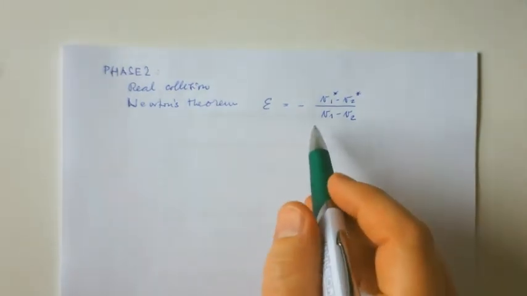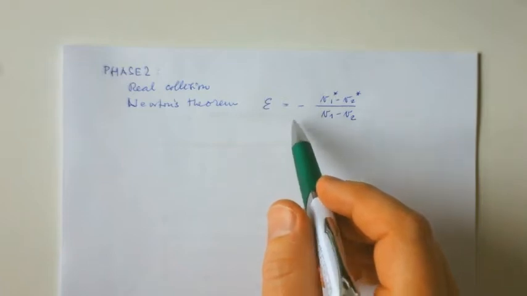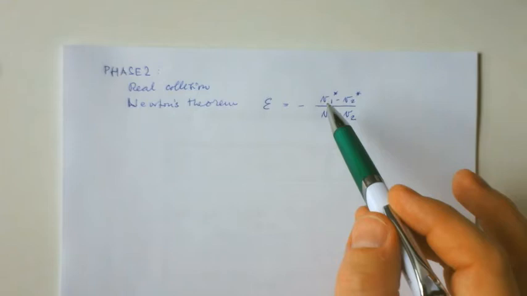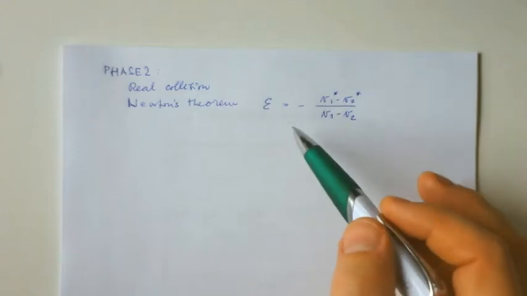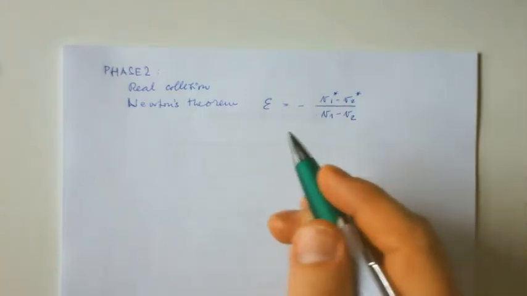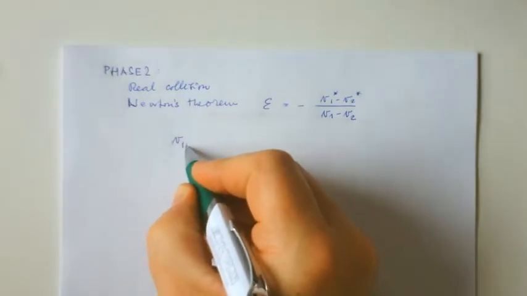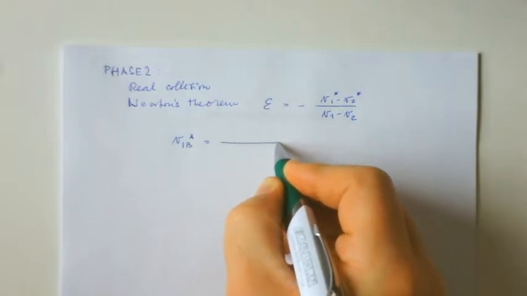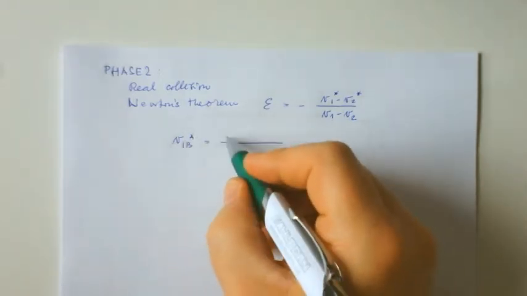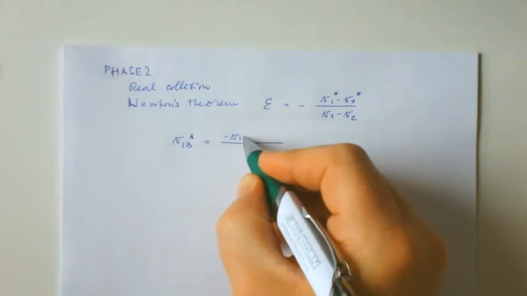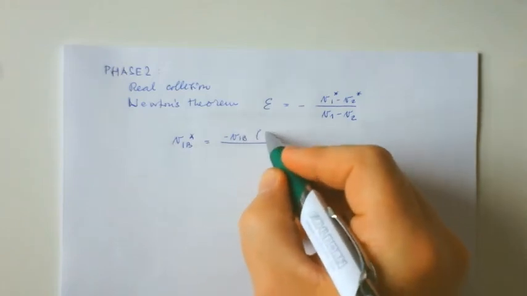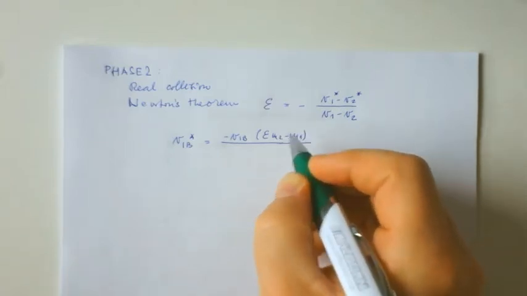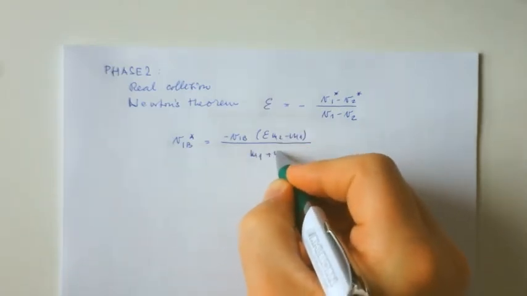If we use it in combination with the law of conservation of momentum, we can find the result that v1B after collision is minus v1B, before collision, times (epsilon m2 minus m1) over (m1 plus m2).